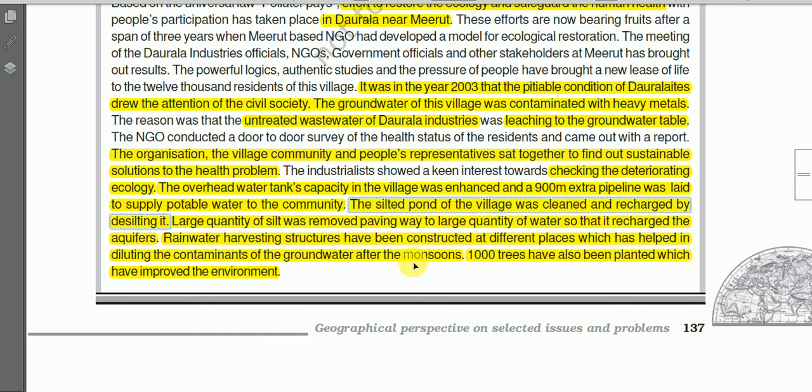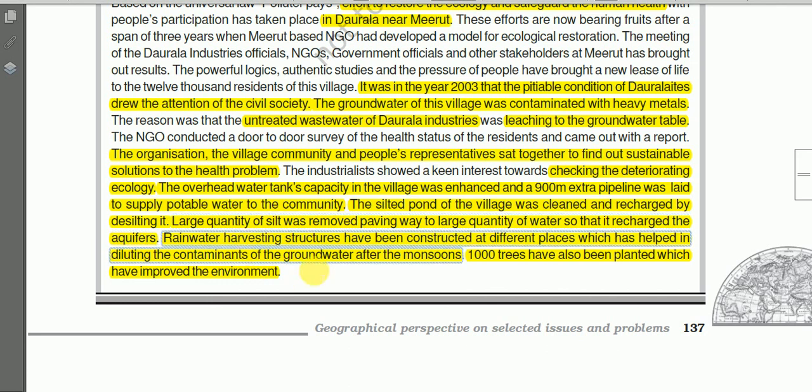The silted ponds of the village were cleared and recharged by desilting. Because of the silt and sediment, this village pond was shallow. A large quantity of silt, means debris, was removed, paving way for a large quantity of water so that it recharged the aquifers.